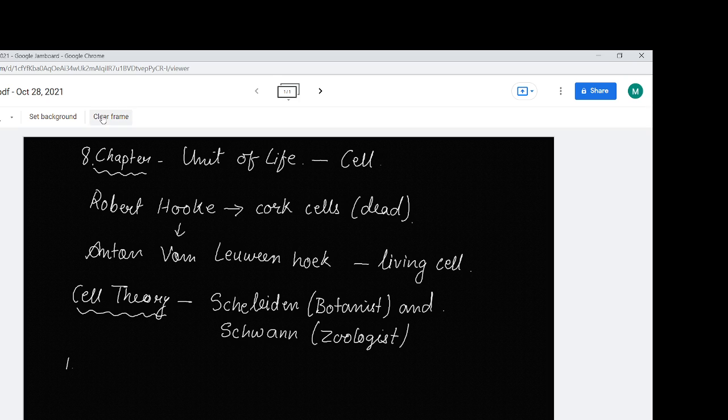So let me rub this and let me write different points of cell theory. The various points that were included in the cell theory.